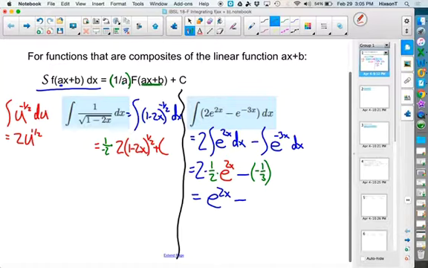E to that power. So e to the negative 3x. We're going to simplify it: 1 over 3, and since that's a negative power, I'm going to throw it down here, e to the 3x in the denominator. And then that's plus c.